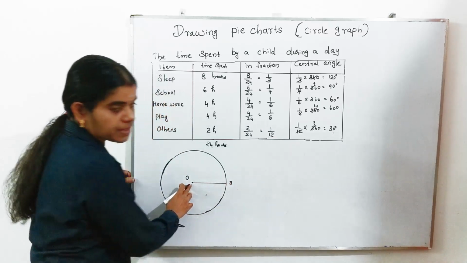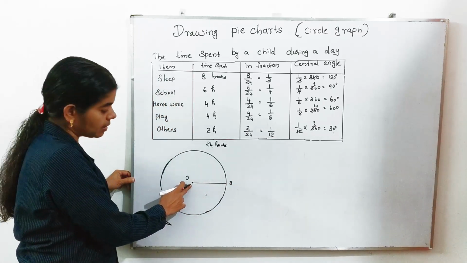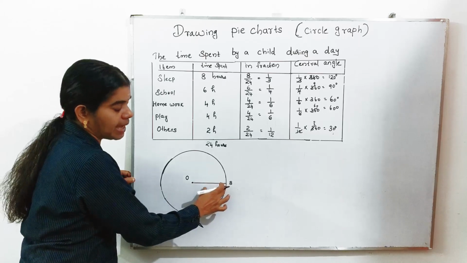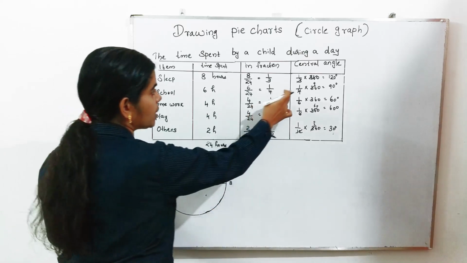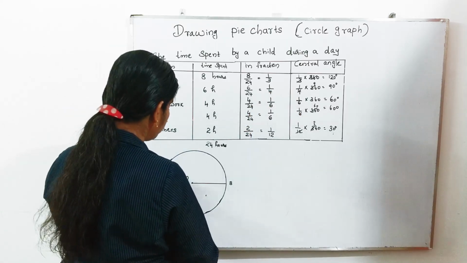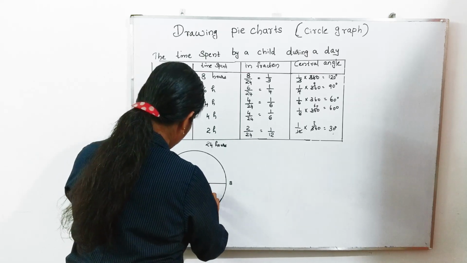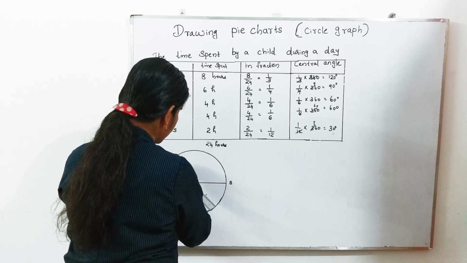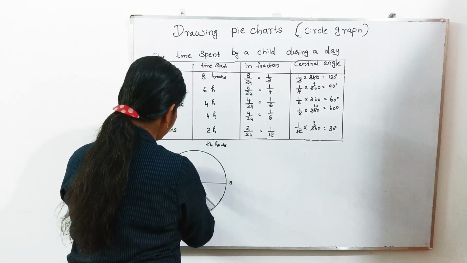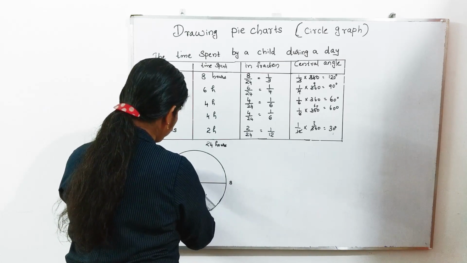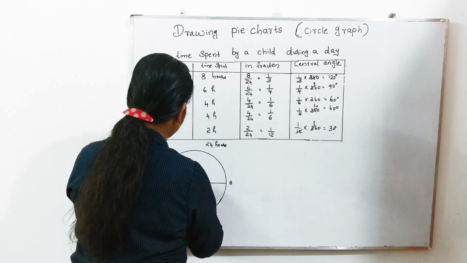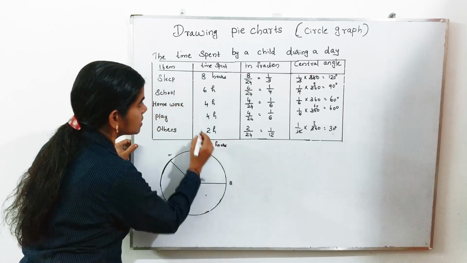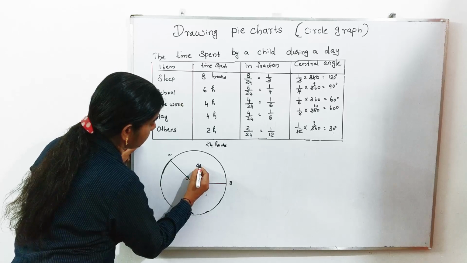Then center of the protractor we want to keep on the O and base line along OB, and you want to take 120 degree here. Just you want to look at the protractor and mark that 120 degree, that you will get, 120 degree, that is for the sleep.